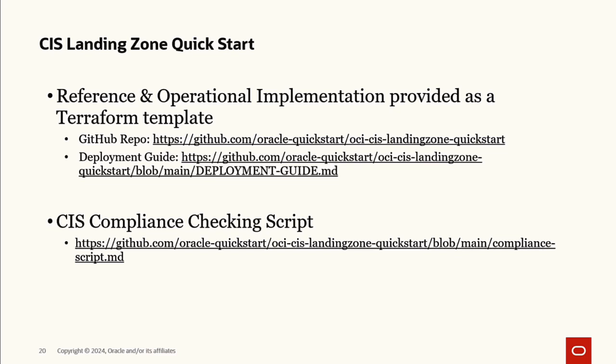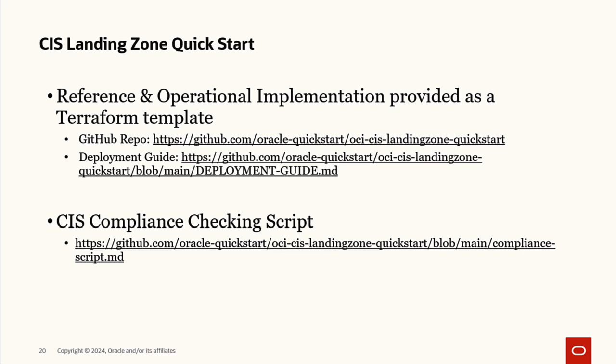Because it might be the case that you already have a landing zone in OCI, or you don't have a landing zone, but you have some resources that you deployed, and you want to know if you're in compliance with the CIS benchmark. Then you can simply take this script and run it against your tenancy, and it tells you exactly where you are compliant, where you're not. And again, these two are completely independent. You don't need one to run the other. Okay, I wanted to make that very clear.